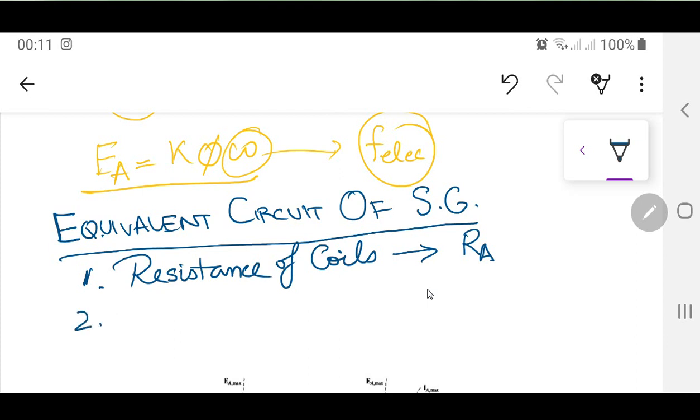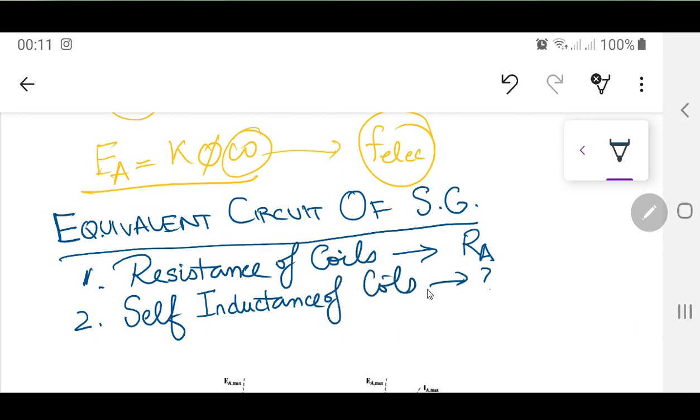The second thing which we are going to model is the self-inductance of the coils, which symbol we will talk about a little later.